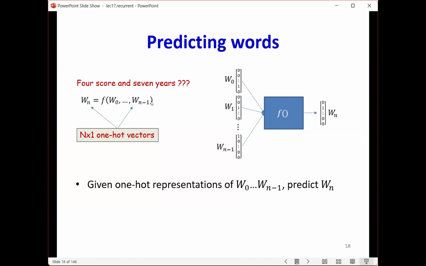You're given W0 through Wn minus 1, and you must predict Wn. This is done through some function where all of these are represented as one-hot vectors. If I want to illustrate it pictorially, this is what it would look like: W0 through Wn minus 1, all one-hot vectors, go into your function f, which generates a one-hot vector, which is Wn. So is this figure making sense?